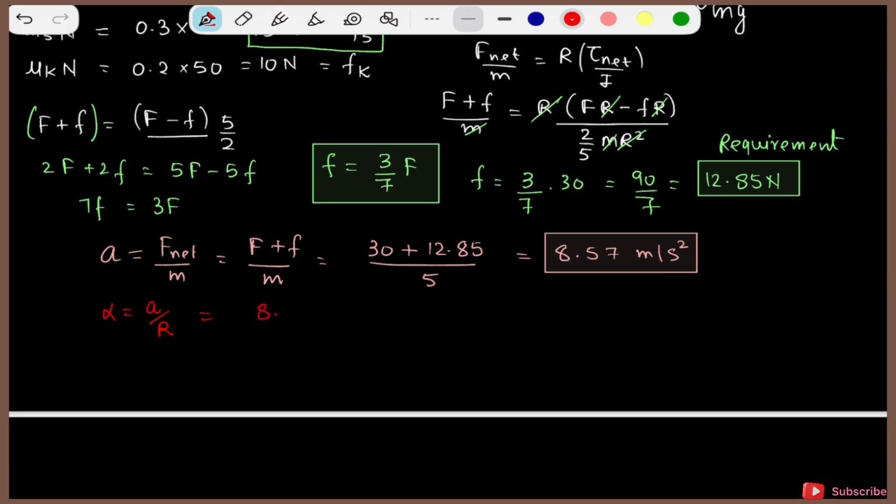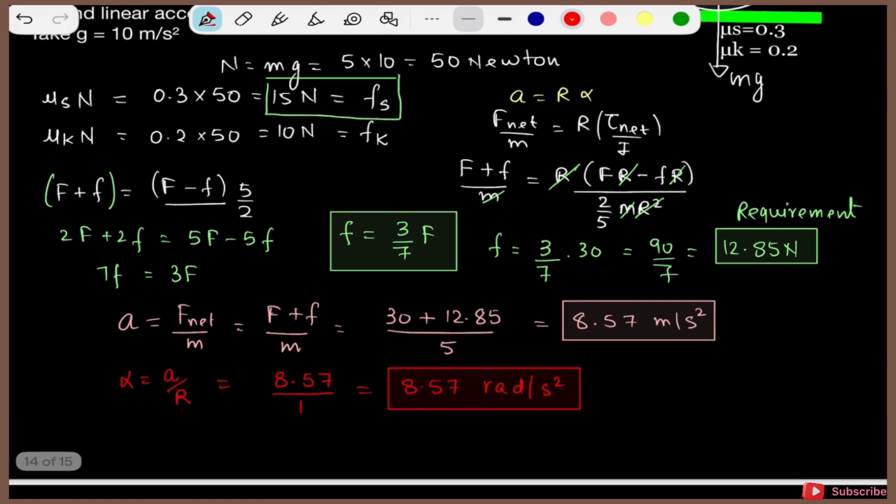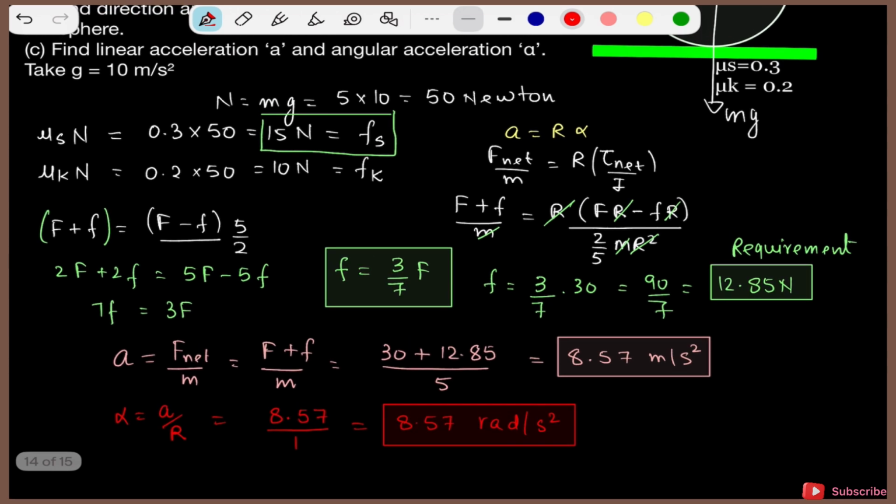So it is 8.57 divided by R, and R is 1 meter. So it is again 8.57 radian per second square. So this is the value of angular acceleration of this solid sphere. So these are our answers for this problem, and it is a very important numerical.